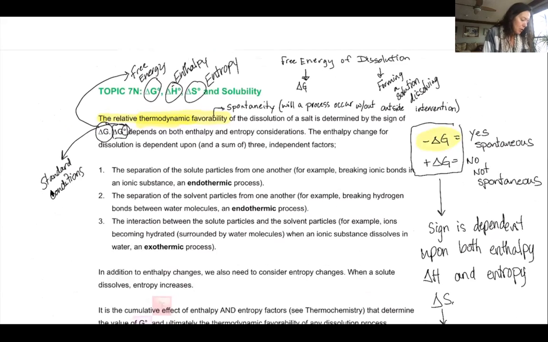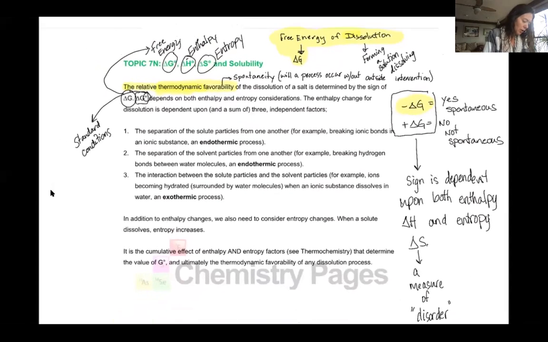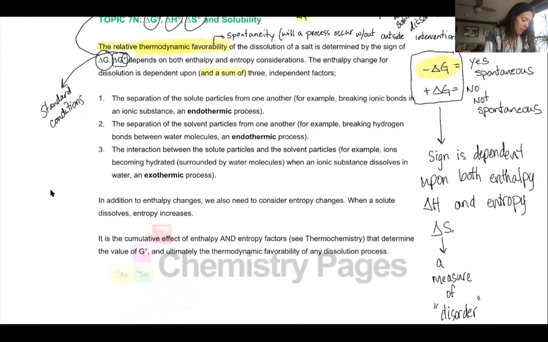All right. So we're talking about the free energy, whether it's positive or negative, for the formation of a solution. Basically, we're talking about whether or not a solution will form. Okay, if delta G is negative, then it will. So it depends on the sum of three independent factors.